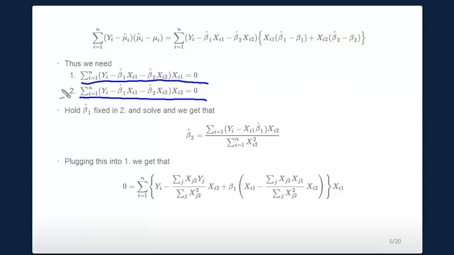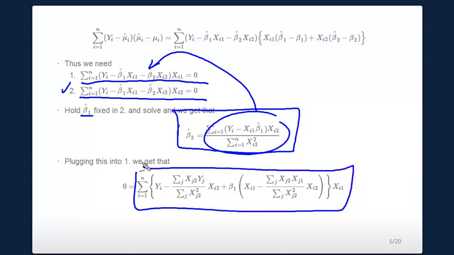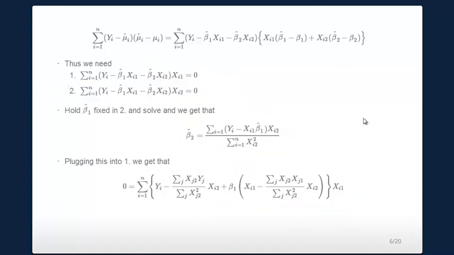If we take equation 2 and hold beta 1 fixed and solve for beta 2, we get that thing. Churn through the work. Then you can take beta 2 hat, which is now written as a function of beta 1, and plug that into there, and we get another equation that we can solve for beta 1, because it only has the one variable.